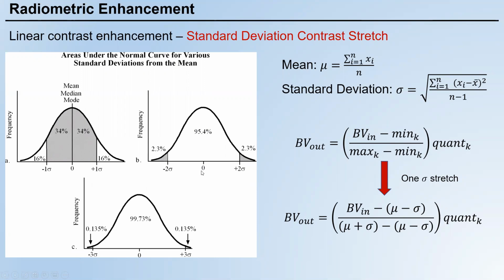If you are using minus 2 and plus 2 standard deviations, the area between these two measures accounts for 95.4% of your data set.